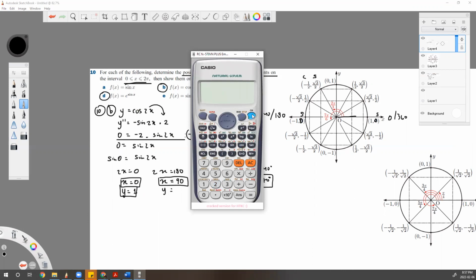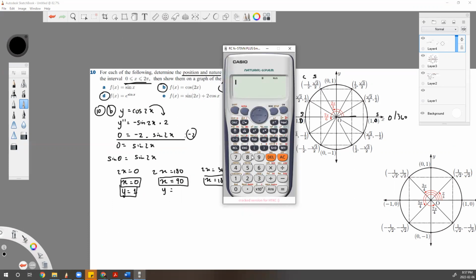Wait, I have to change into degrees. I don't want to do the radian form, it's wasting time, and I'm not used to it at all. Okay, -1.